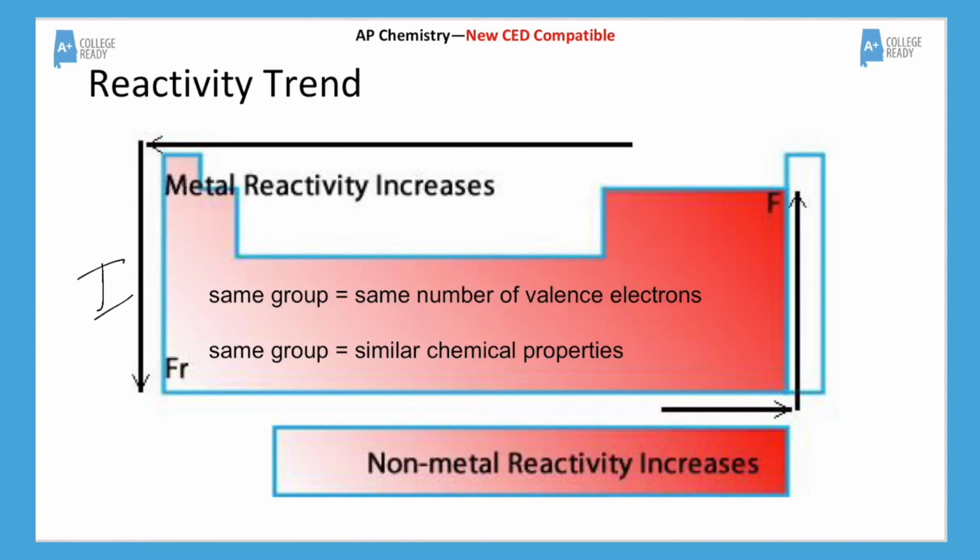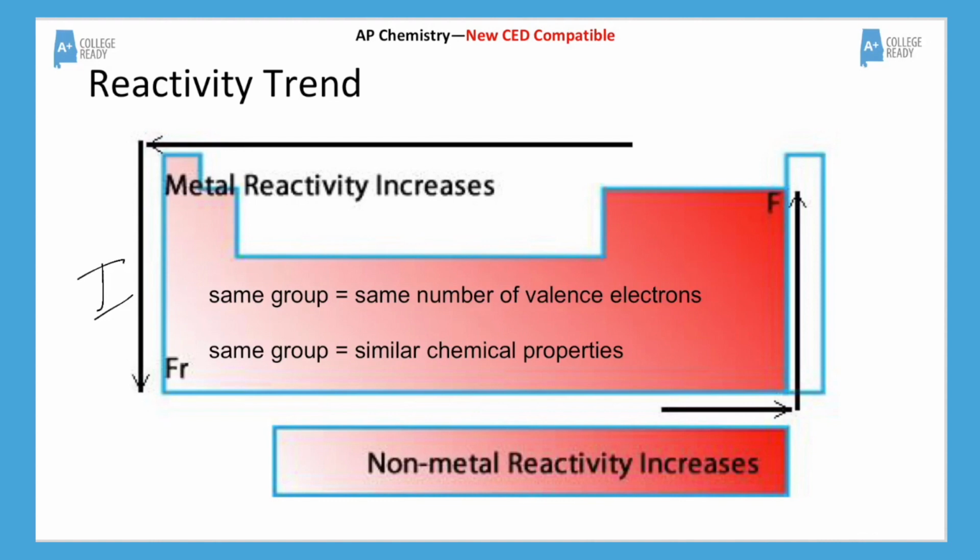All right? And what we're going to see is it's because of ionization energy. The lower an ionization energy, the more reactive a metal. Okay? The less energy it takes for a metal to lose an electron, the more reactive it is. So notice group 1 are the most reactive metals, and francium and cesium at the bottom of group 1 are the most reactive metals. Okay?